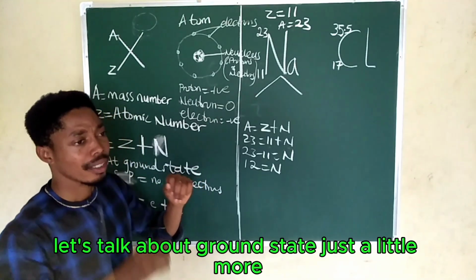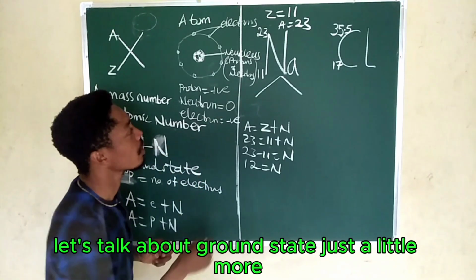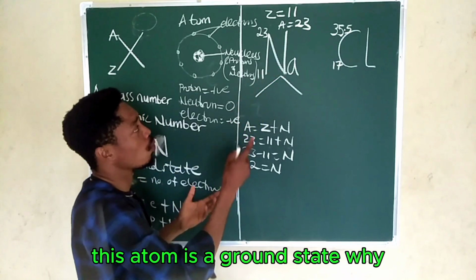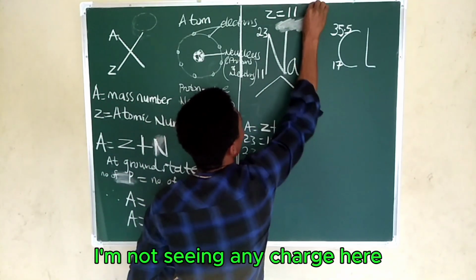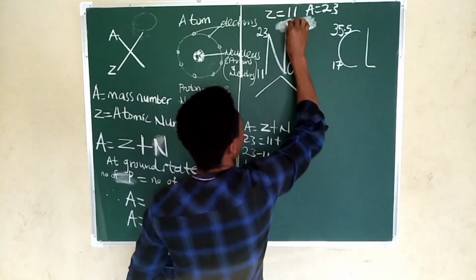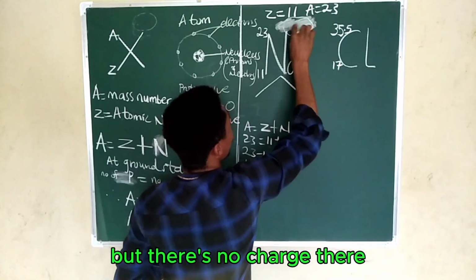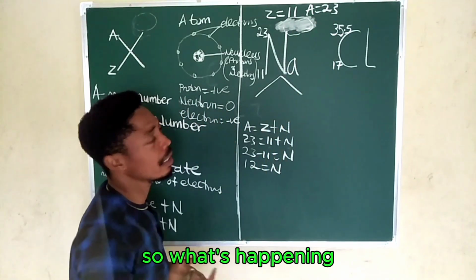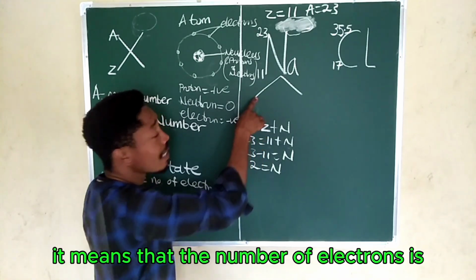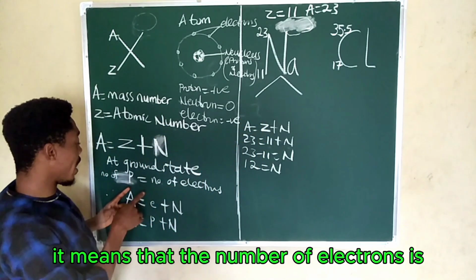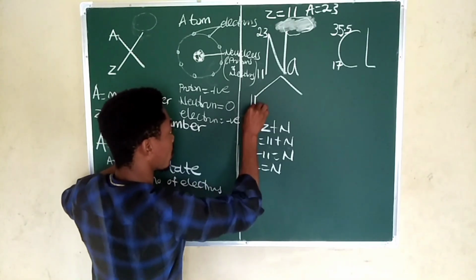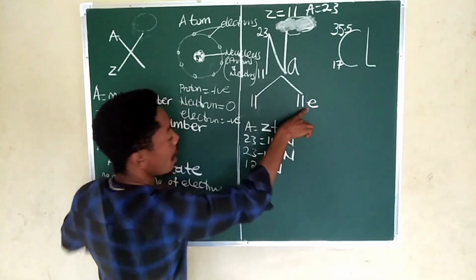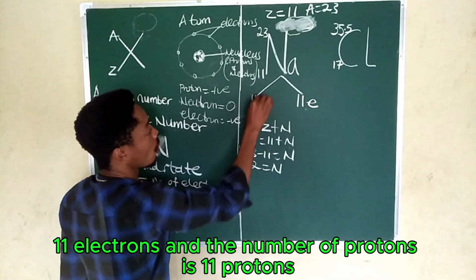Let's talk about ground state just a little more. This atom is at ground state. Why? Because I'm not seeing any charge here. It's supposed to be a charge here, but there's no charge there. So what's happening? It means that the number of electrons is 11 and the number of protons is 11.